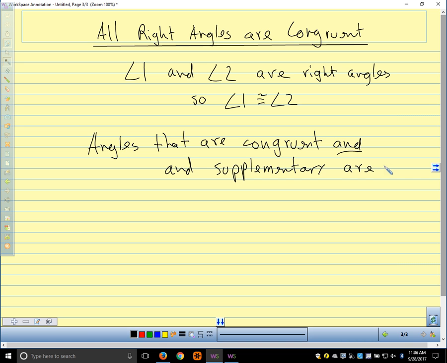They're congruent, they're the same, and they're supplementary. Well, supplementary means they add up to 180. So if the two angles are the same and they add up to 180, what do they have to be? Well, what does each one have to be? If each one is the same and they add up to 180 degrees, what does each one have to be? 90. So we're going to say angles that are congruent and supplementary are right angles.